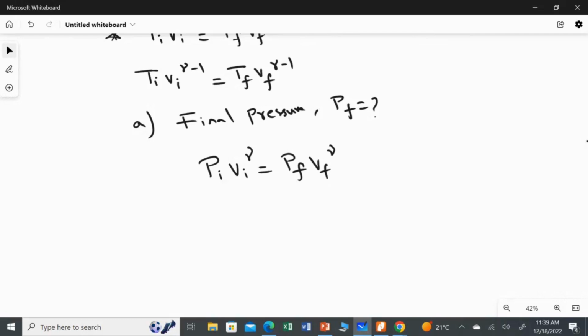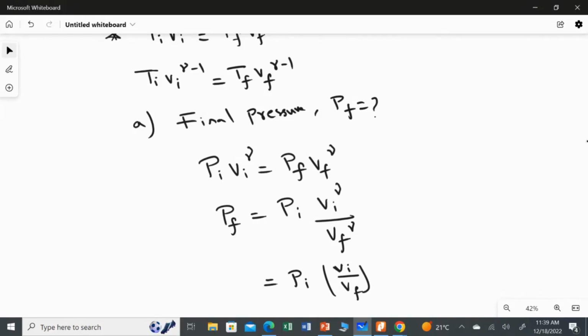We are going to find the value of Pf, so I'm going to rearrange this equation in terms of Pf. So Pf equals Pi Vi to the gamma, and then we take this Vf to the gamma to the other side, so Vf comes to the denominator. If you rewrite this equation, we can write it as Pf equals Pi times Vi over Vf, the whole power gamma. We can write it like this also, right?